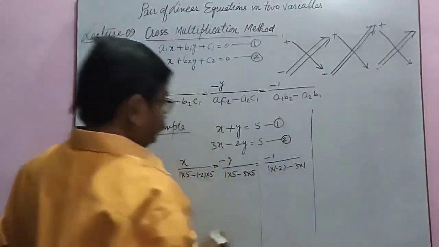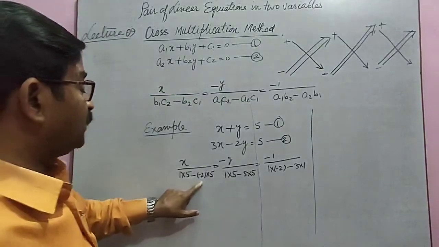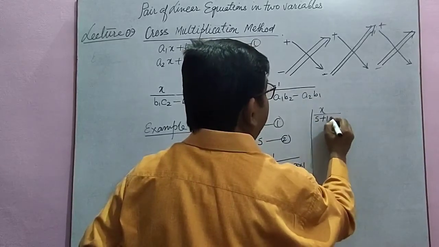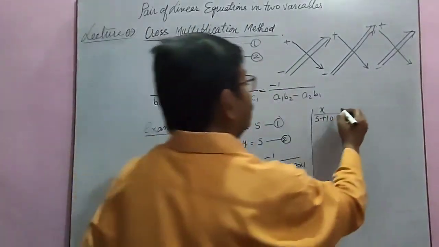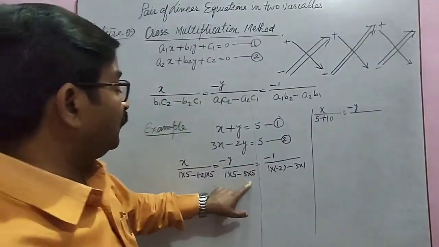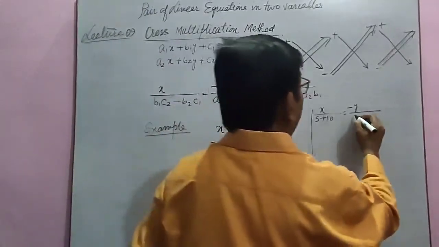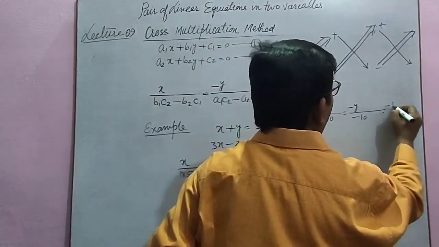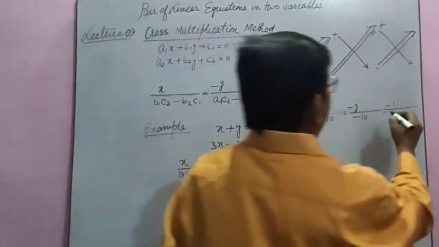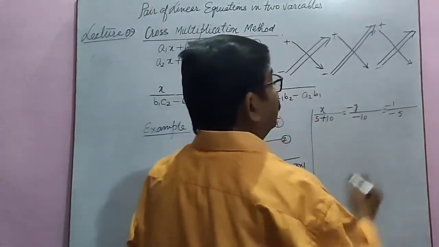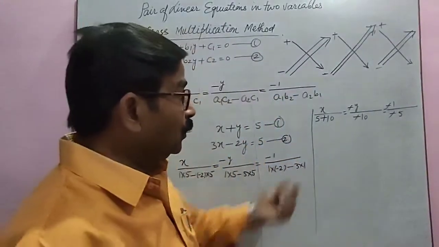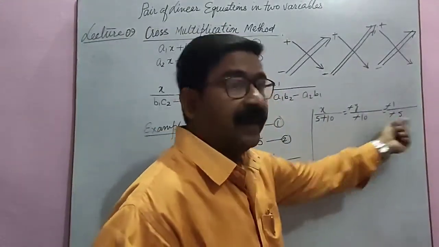Now let's solve. x upon 5 plus 10, minus 2 minus plus is equal to minus y upon, see this, 5 minus 15, which is minus 10, is equal to minus 1 upon, see this, minus 2 and minus 3, minus 5. Is it? See, this minus and minus will cancel. Now what to do? Taking first and last, second and last.